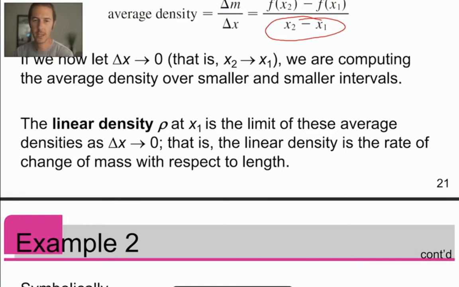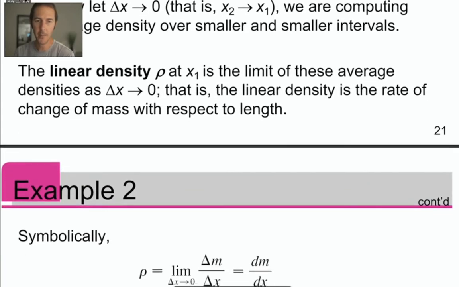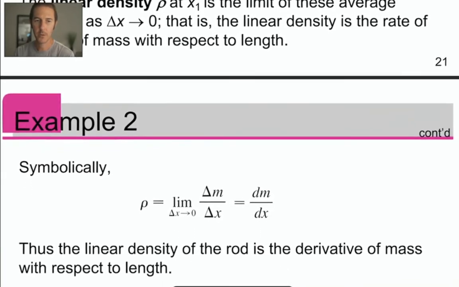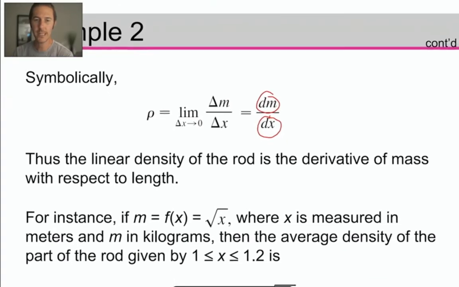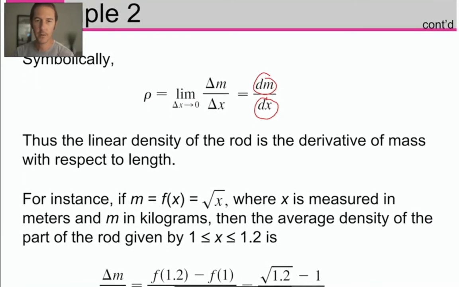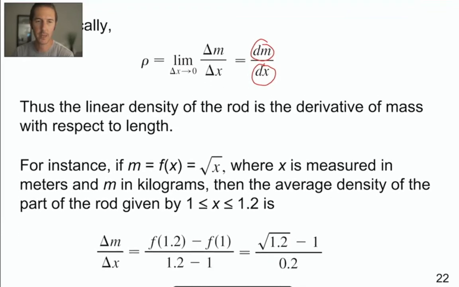So the linear density, as delta x goes to 0, becomes the rate of change of mass with respect to length. That's probably going to be modeled as dm/dx. There it is, symbolically. The change in mass with respect to the change in our distance away from the left end point of the rod. That's the linear density at some particular point, the derivative of mass with respect to length.